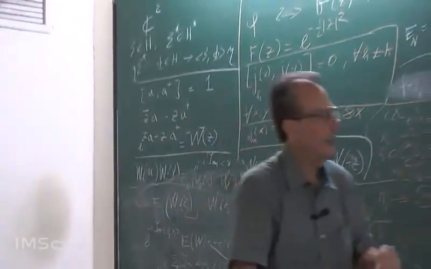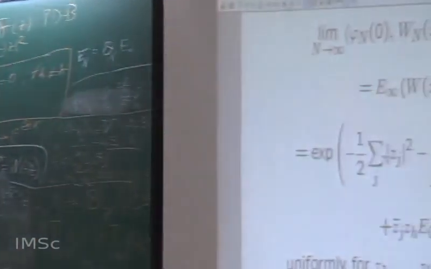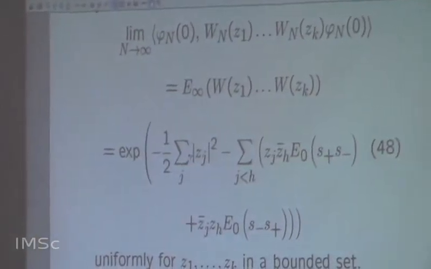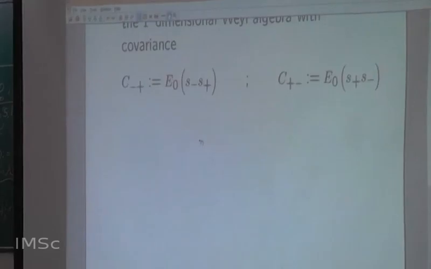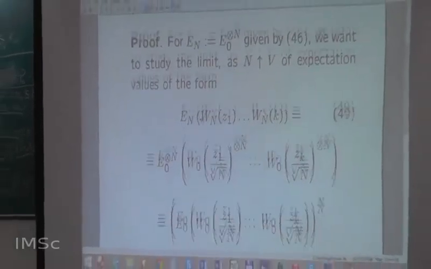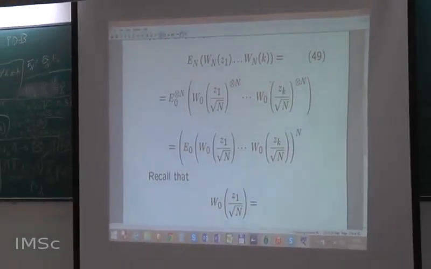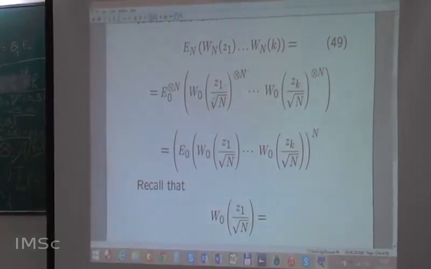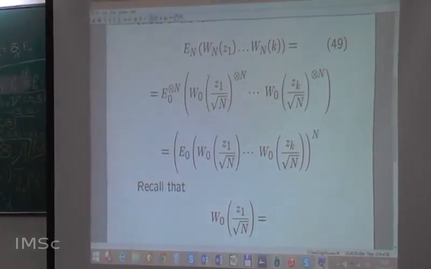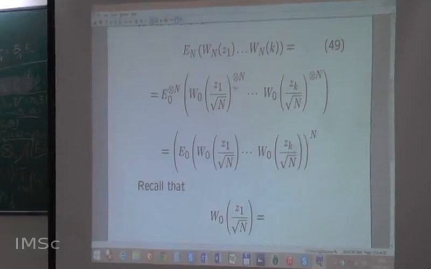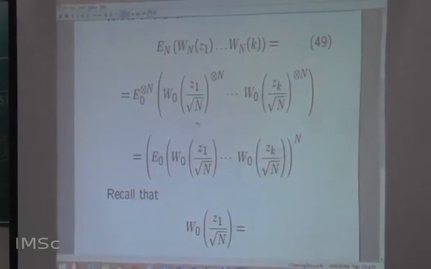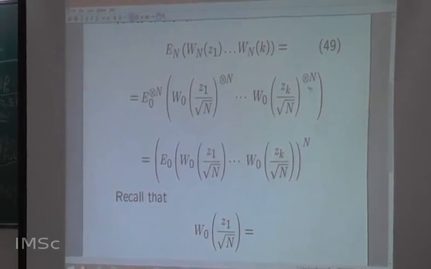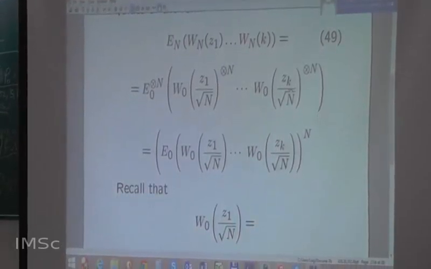Now, why does a quadratic expression come out? So this is a Gaussian state with this covariance. From where does it come? So, you start with this sum. Remember, each Weyl operator is a tensor product of capital N copies of the same. So this is Z1, and this is capital N copies of this.